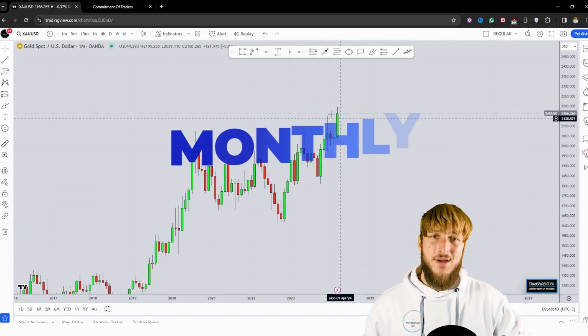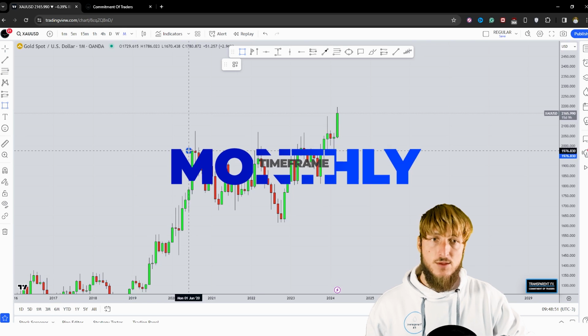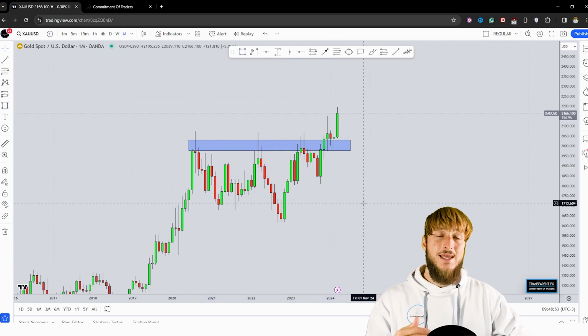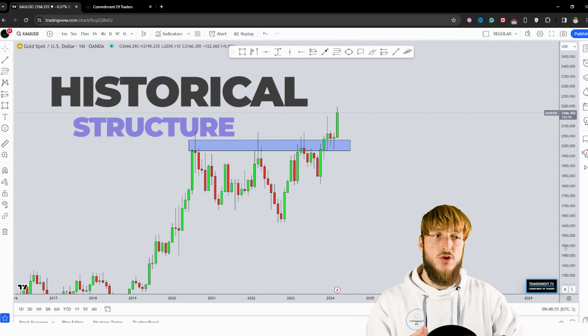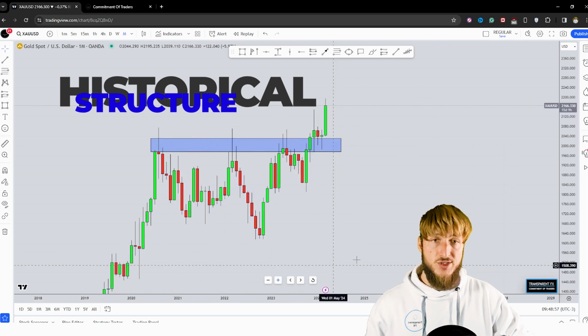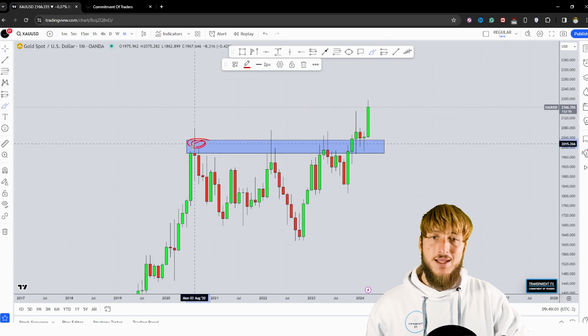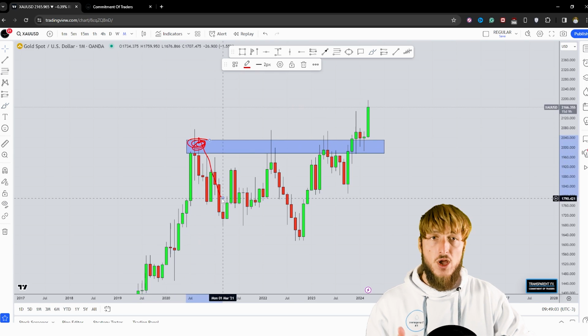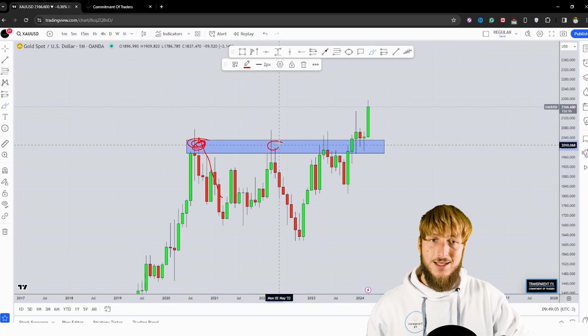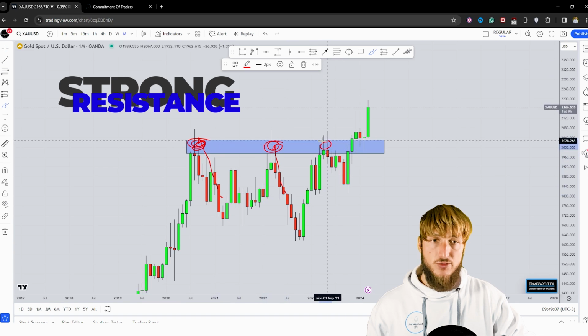Starting here from the monthly time frame, what we can see is that we have a market which at the moment is testing a quite strong historical structure level for this market. In fact, this zone was acting as previous monthly resistance. Starting from here, multiple times the market tested and rejected this level to the downside.